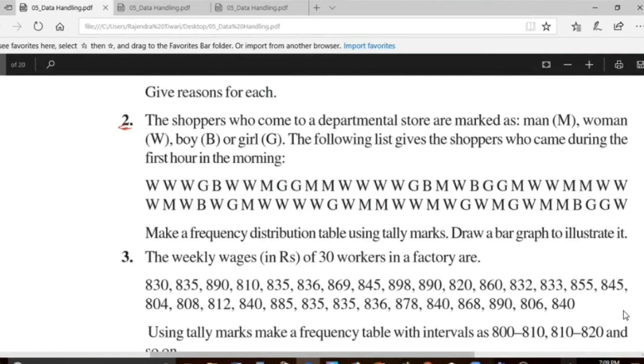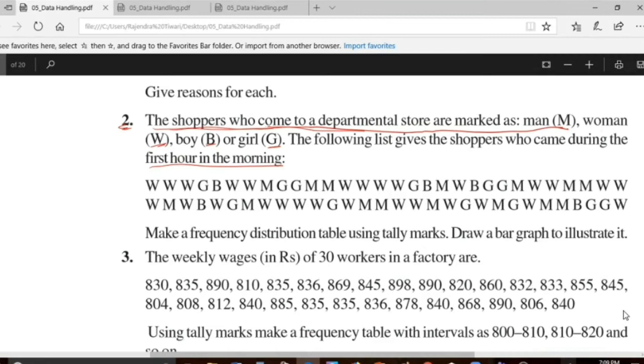Now move to question number second. The customers who come to a departmental store are marked as men M, women W, boy B, and girl G. The following list gives the customers who come during the morning.